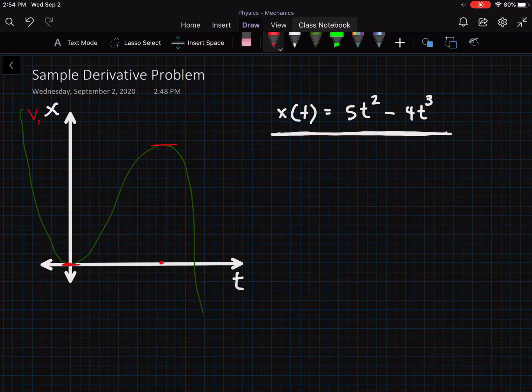And then everywhere along this portion of the graph, you'd have positive velocities, and they'd start small, they'd get big, they'd start small here, they'd get big here, and they'd get smaller as you approach 0 there. So you might expect something, I don't know, vaguely like that in between.